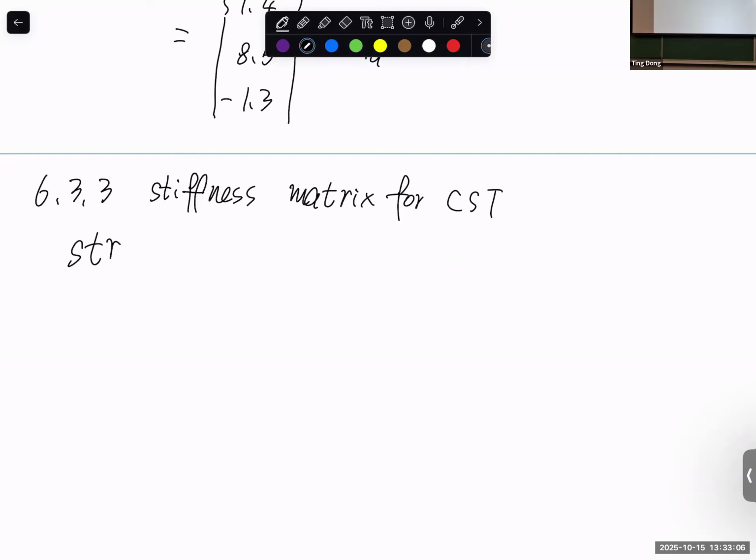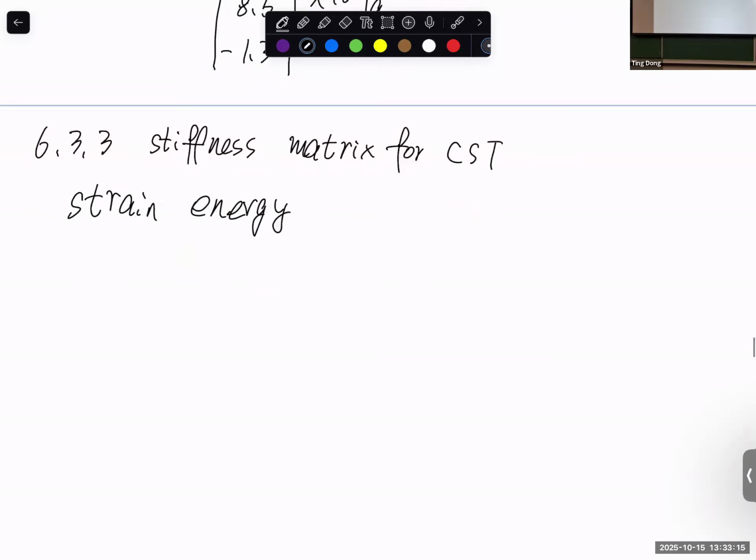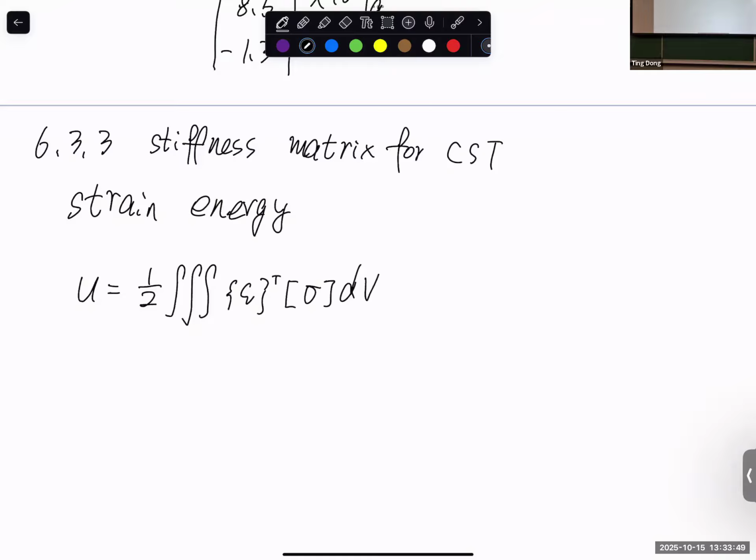So for strain energy, the strain energy density is strain times stress, but of course, since everything is in vector form, we need to use the transpose of the strain vector, integrated over dV.